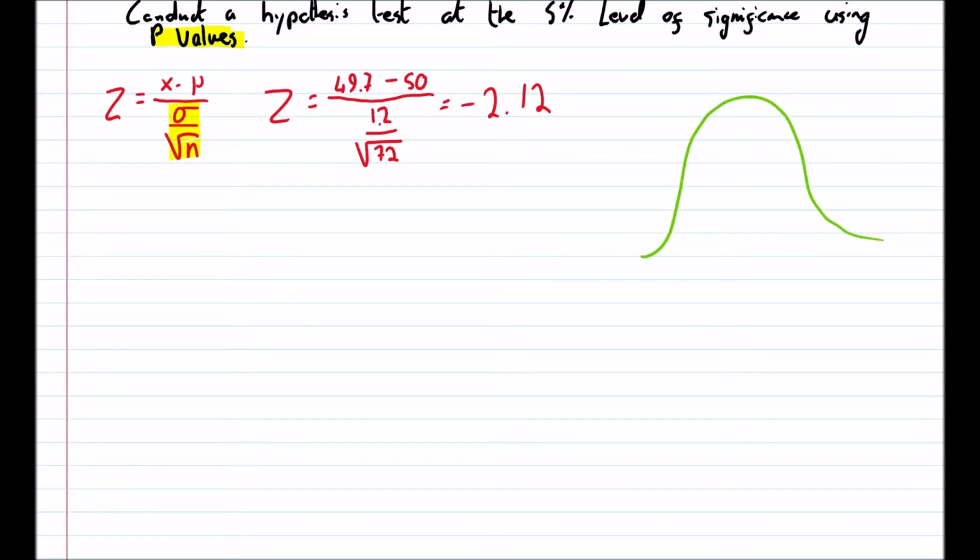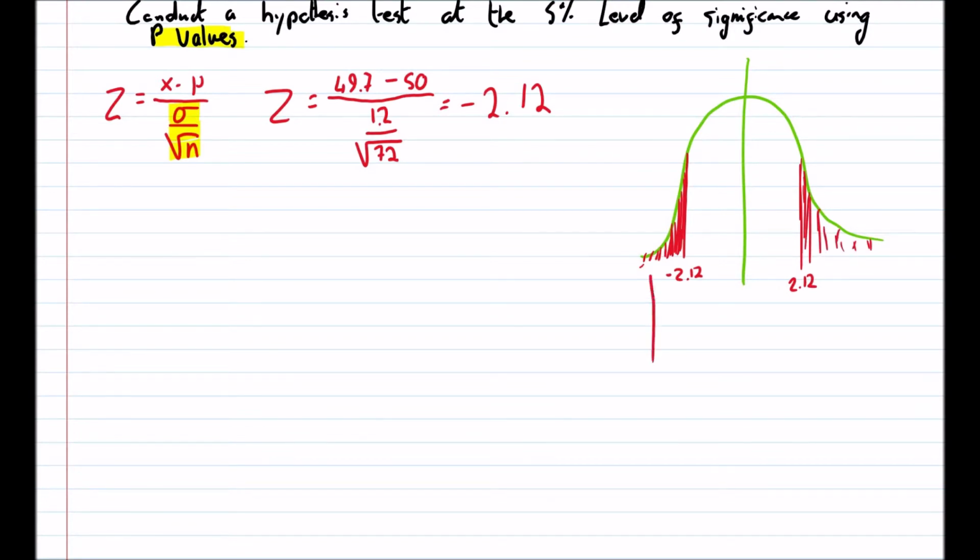Just going to sketch this out. So minus 2.12 is somewhere back here. Remember, this is symmetrical, so I want to find out the probability of getting less than minus 2.12, and also, as I said, it's symmetrical, so also the probability of getting more than 2.12.